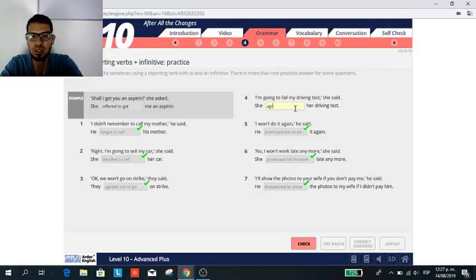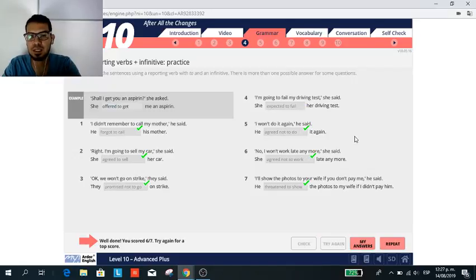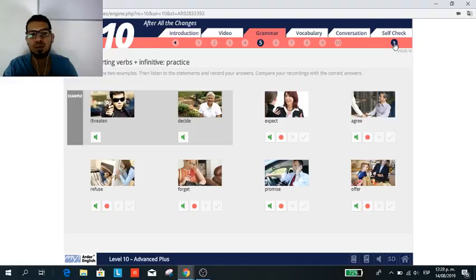She agreed to fail her driving test. No, correct answer, expected. And here we also have agreed. Okay, so we have different choices. Correct answers, my answers, and then you can repeat the exercise if you like. I won't do it for now.